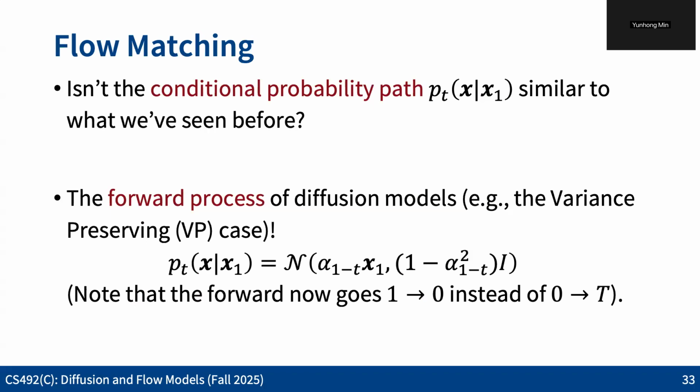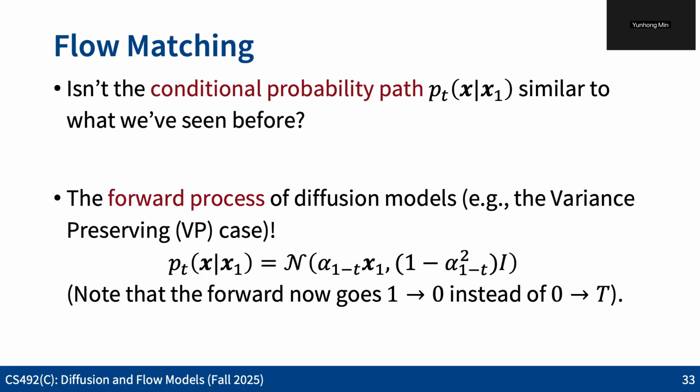So when you see the conditional probability path like this, don't get confused again. x1 is the data point, right? Given x1, what would be the conditional probability path for time step t? You can see this is similar to the forward process of diffusion models.